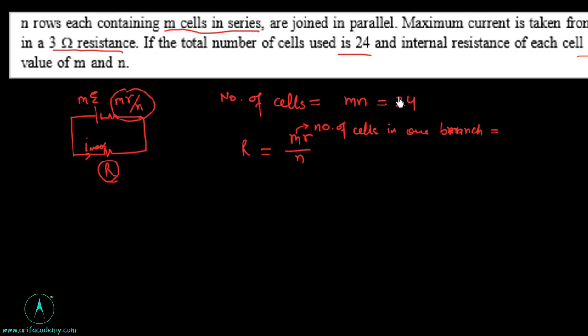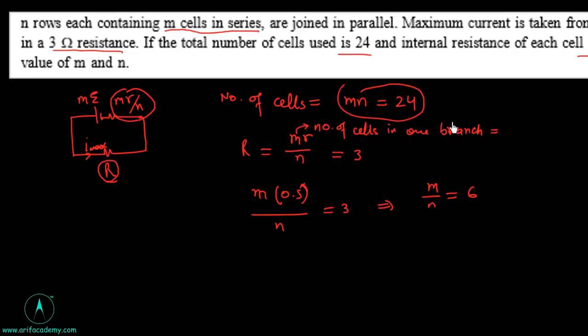This capital R is given as 3 ohm. So m into 0.5 upon n equal to 3. So this gives m by n equal to 6, and mn equal to 24.